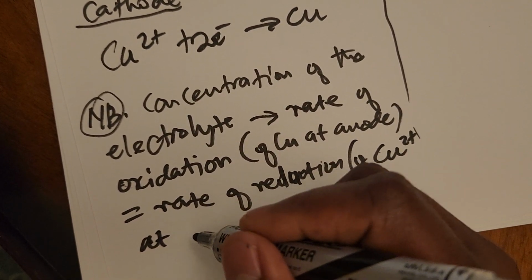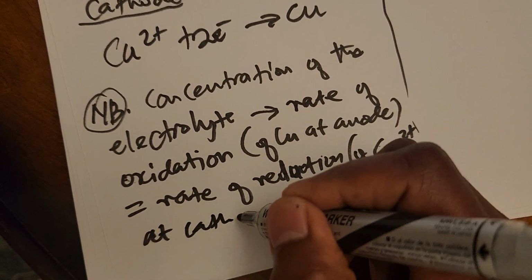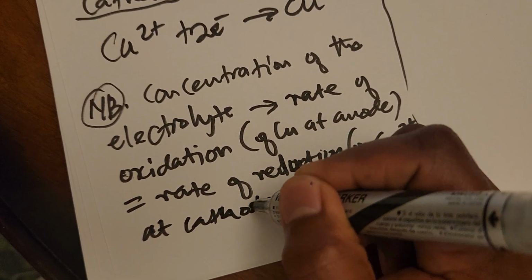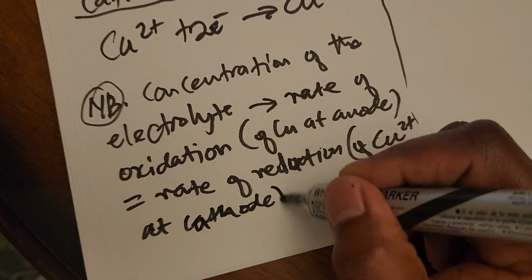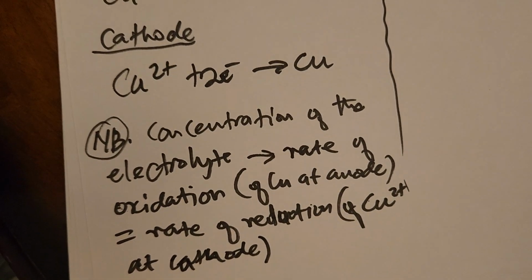This one is optional, at cathode. If you just want to show the examiner that you know more, then you can be explicit in this case.